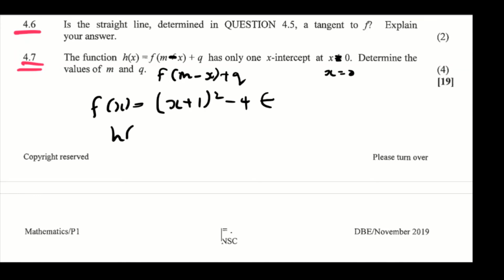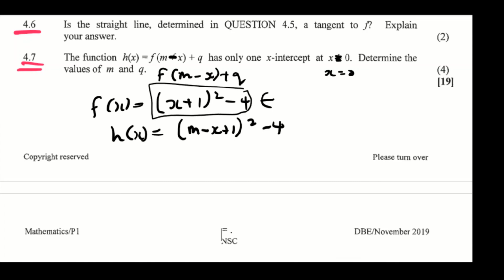You can say h of x is equal to, so in f of x we're just going to put m minus x. So we're just going to say (m minus x plus 1) squared minus 4. So I'm just literally putting this m minus x here at x, hence we're having m minus x, and then there's 1, right?